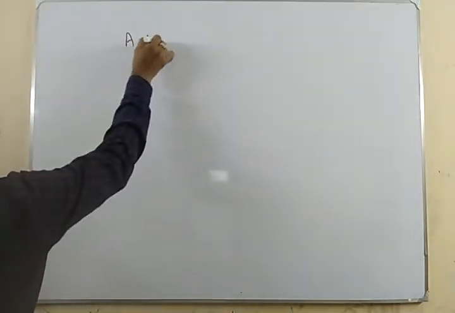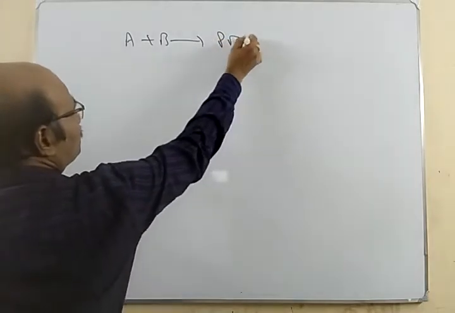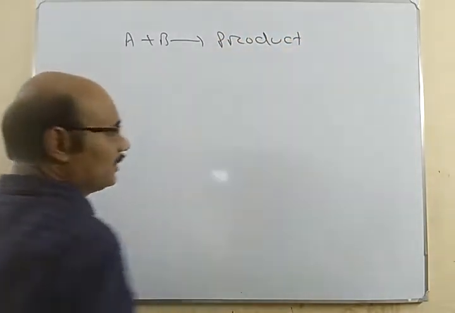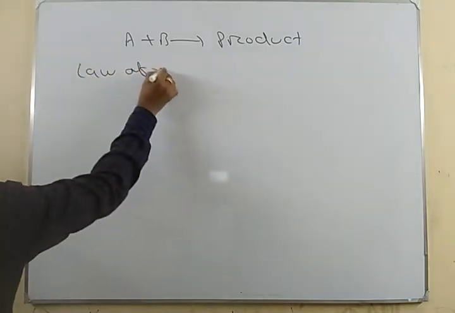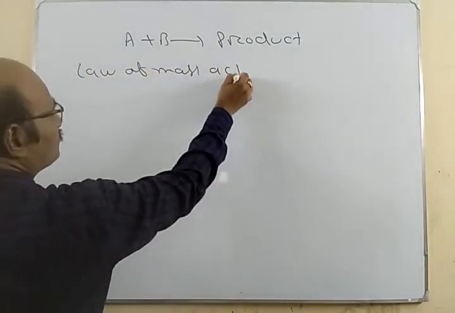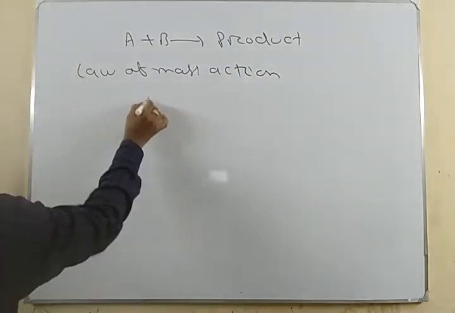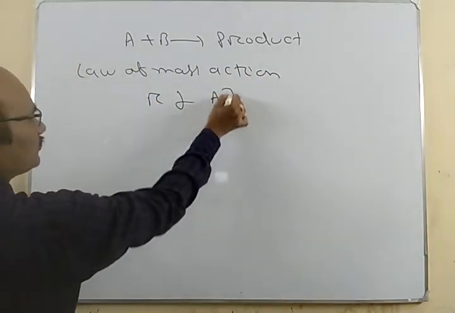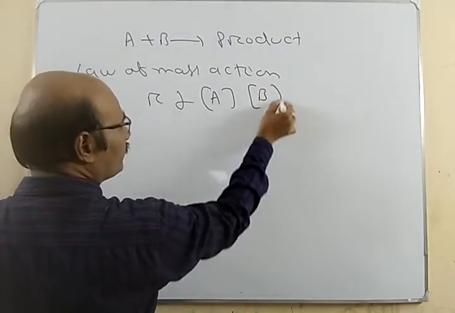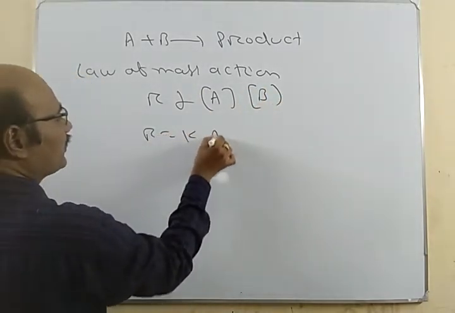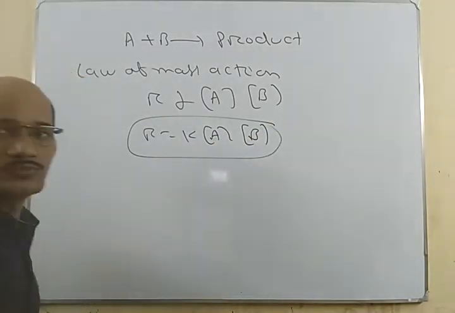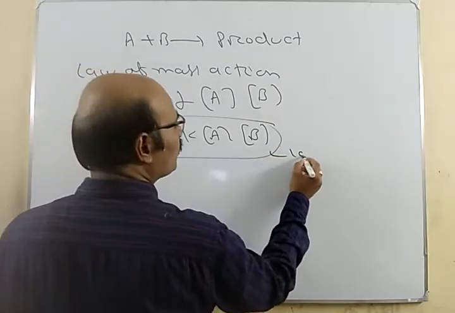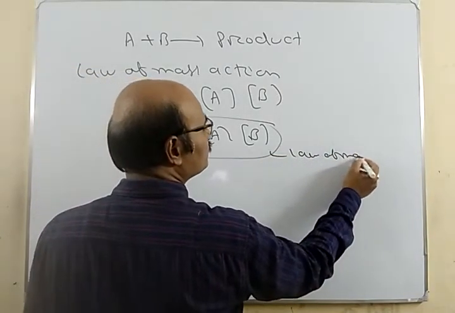Accordingly, if we have A plus B gives product, according to the law of mass action, the rate of reaction is proportional to [A][B], or R equals K[A][B]. So this is called the law of mass action.